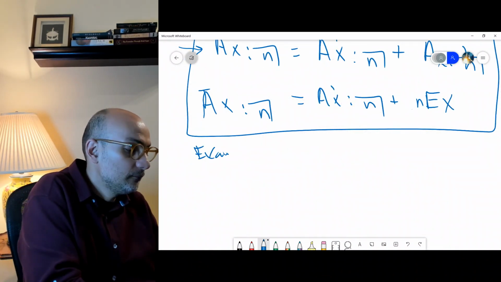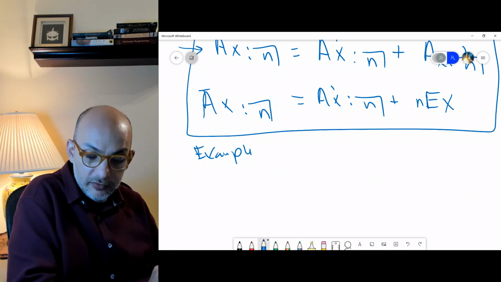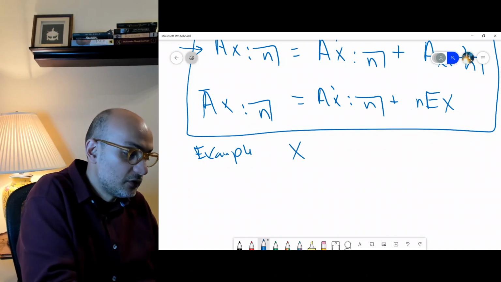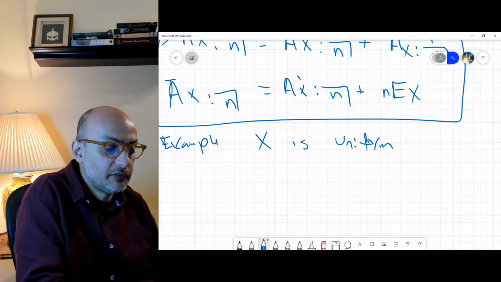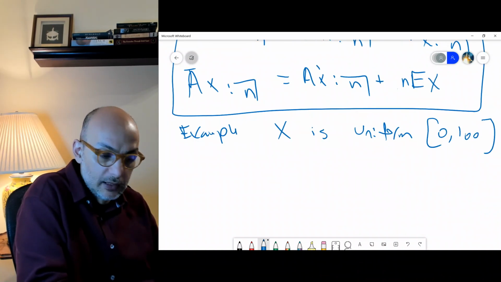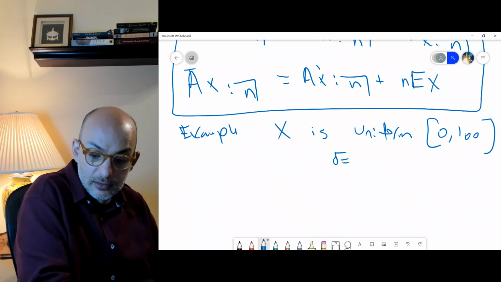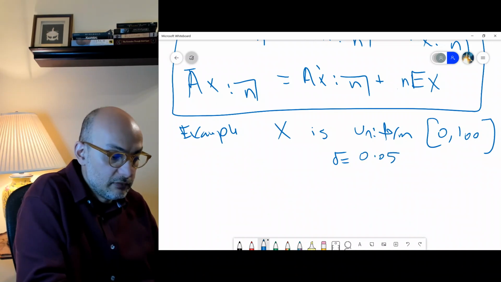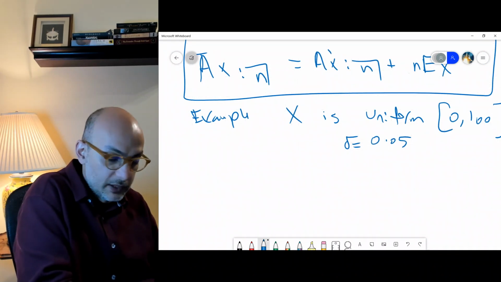Let's take one example. Let's say that X is uniform, and remember X is the remaining lifetime at birth. It's uniform over 0 to 100, the same assumption we've used so far, and delta is 0.05.